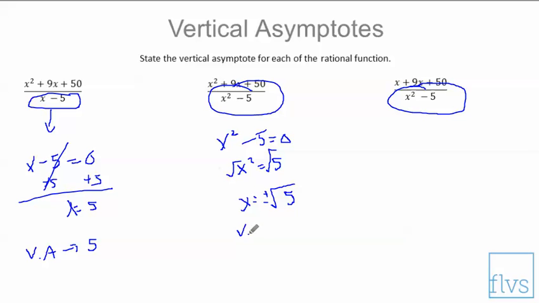So I've actually got two vertical asymptotes here: radical 5 and negative radical 5. You can see it written that way, or written this way. And for some reason on the third one, I just duplicated the same problem. So you're going to do the same thing here, and you should end up with the same answer.